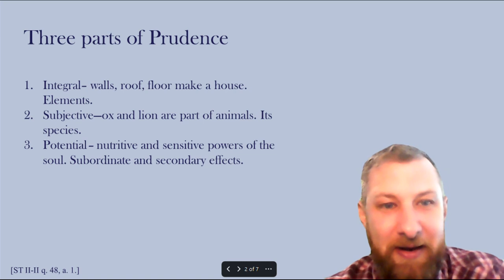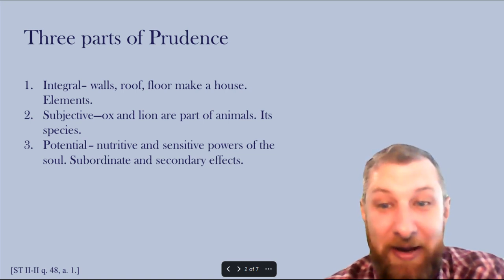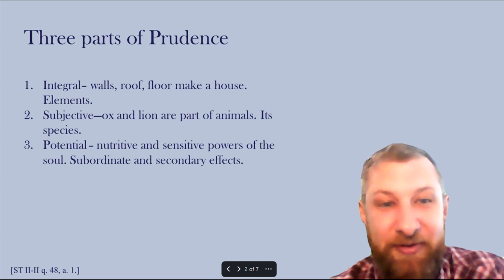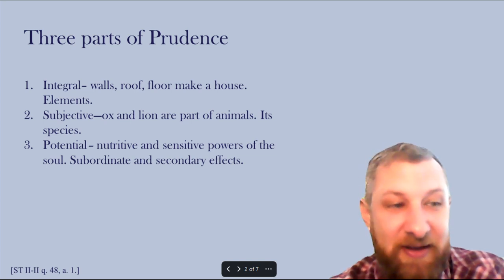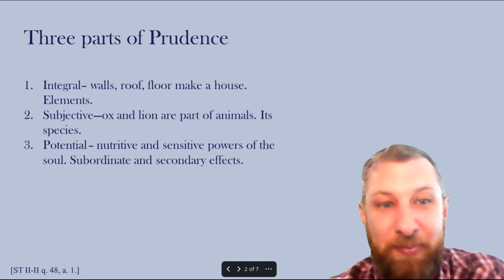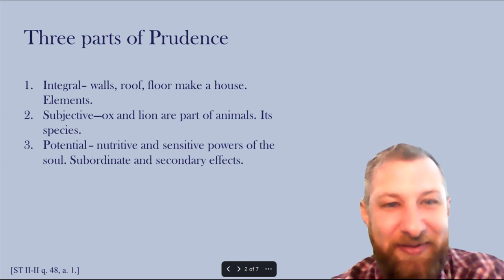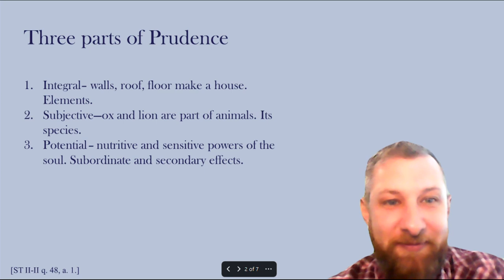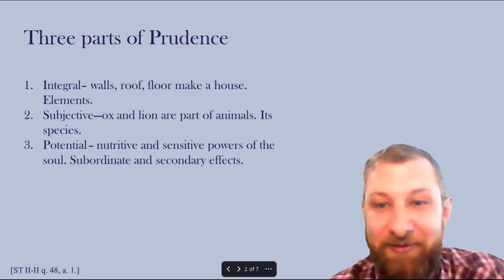All oxen are animals, but when we look to the subordinate parts, the secondary effects, things like good counsel is a potential part of prudence. Well, good counsel is not prudence. It's not prudence in and of itself, the way an ox is an animal in and of itself. It's also not additive.